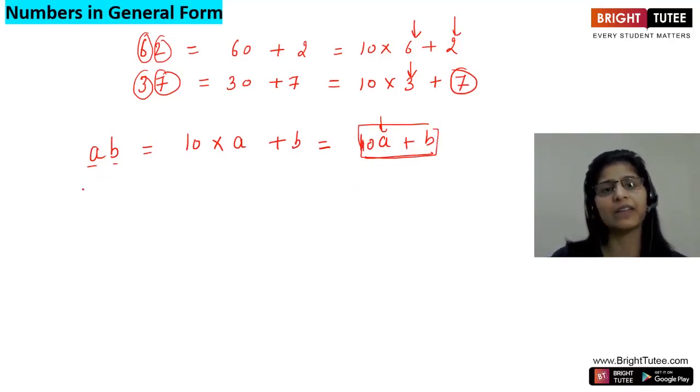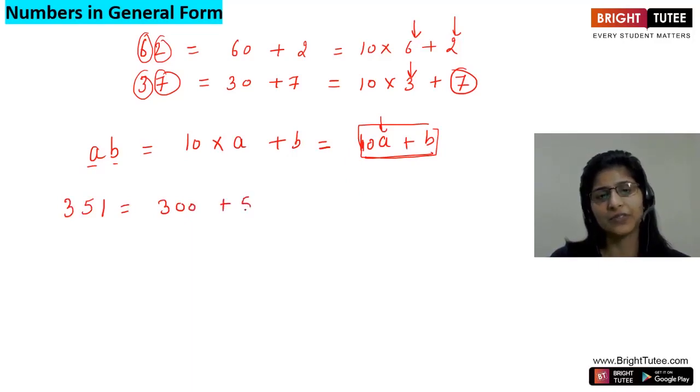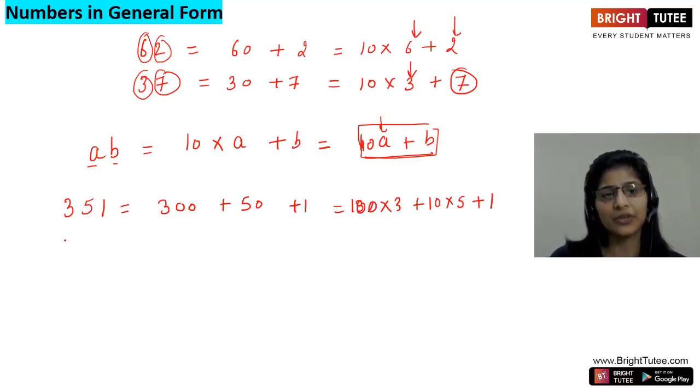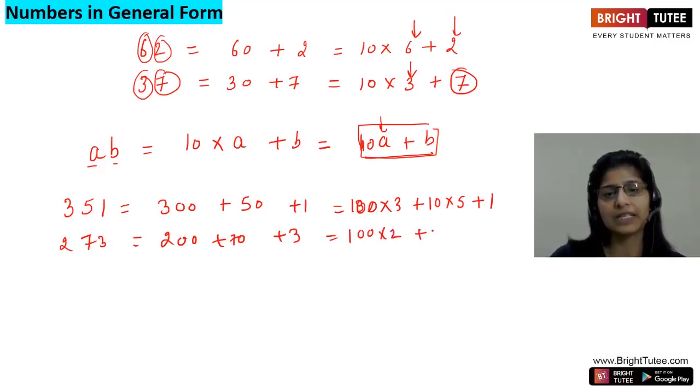Clear? Similarly, if I have a 3-digit number, suppose I take 351. I can write it as 300 plus 50 plus 1. That means it can be written as 3 into 100, or I can say 100 into 3 plus 10 into 5 plus 1. Similarly, if you take 273, we can write it as 200 plus 70 plus 3, also written as 100 into 2, that is 200, plus 70 can be written as 10 into 7 plus 3.